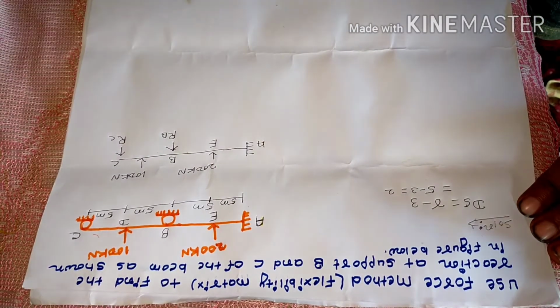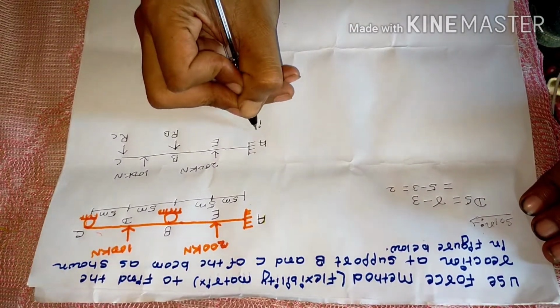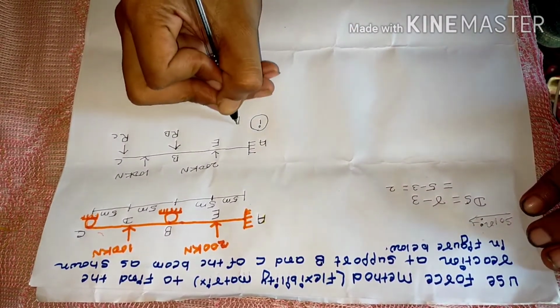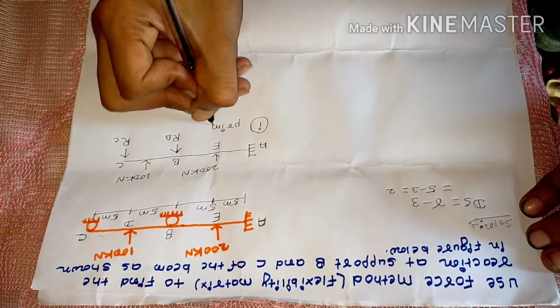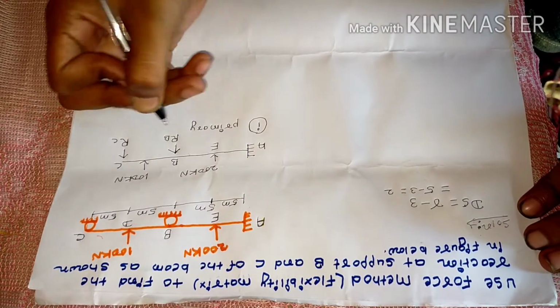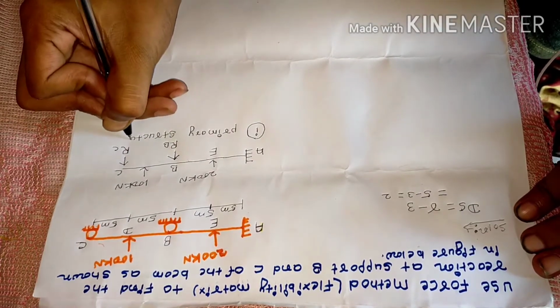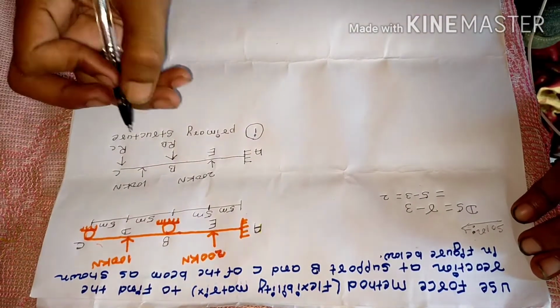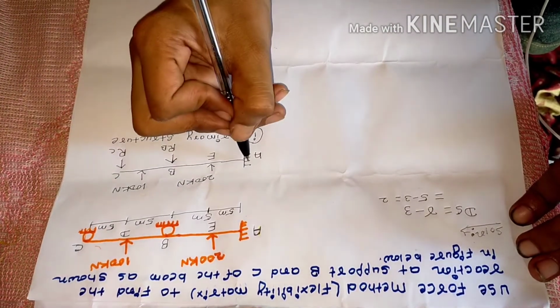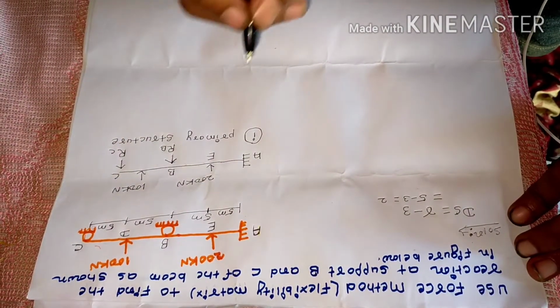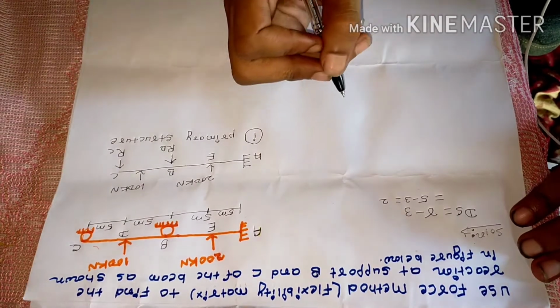Let us analyze first: this figure is known as the primary structure, that is, the primary continuous beam. Now we can see this beam has changed into a determinate one.